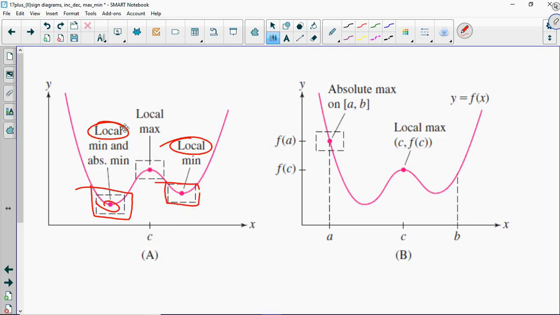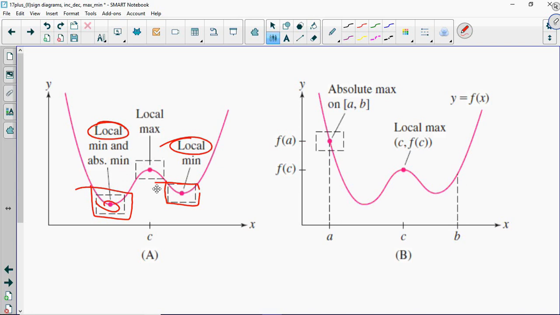That's another minimum close by. This one here is also known as an absolute minimum because it is the lowest of all the minima. Okay, so you can only have one absolute minimum or absolute maximum. You could have multiple local minima or maxima.